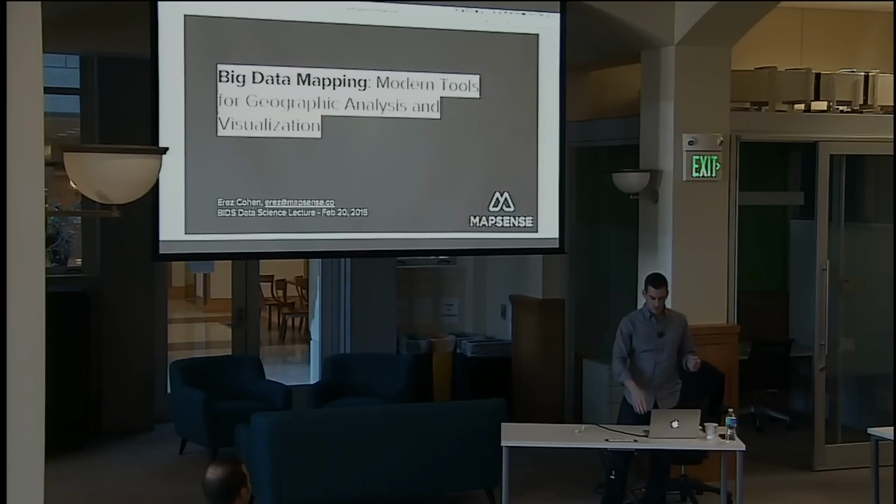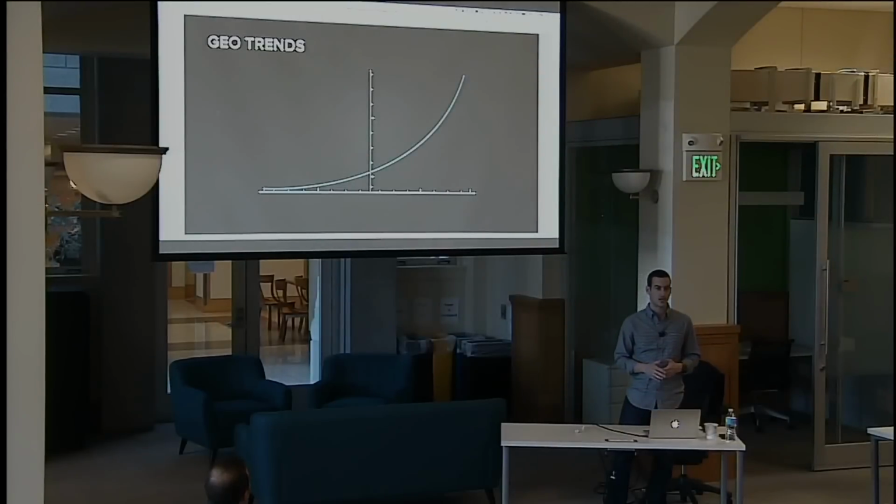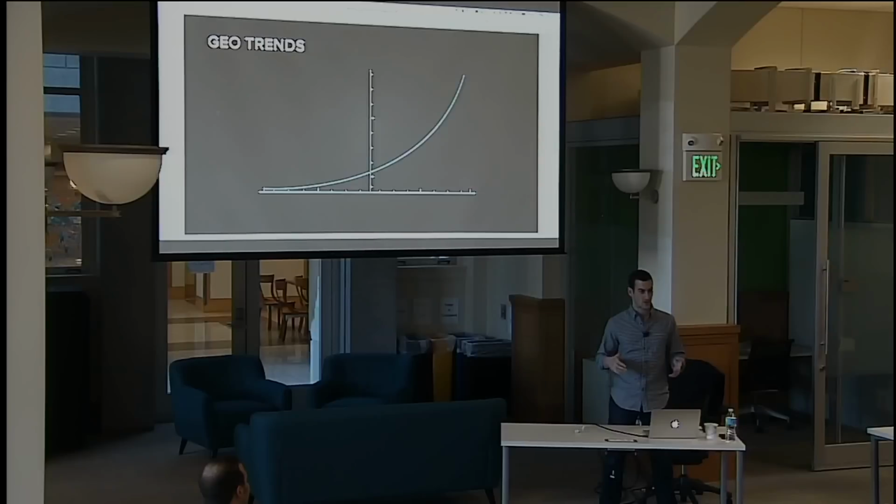Before I do jump into those problems, I just want to frame the world of mapping and the world of spatial analysis and what's going on today. Some of this might be familiar to some of you, but it's helpful to go over it. The biggest thing, and I think one of the genesises of starting Mapsense, and probably even of the Berkeley Institute of Data Science, is the fact that there's way, way more data being stored and collected today.